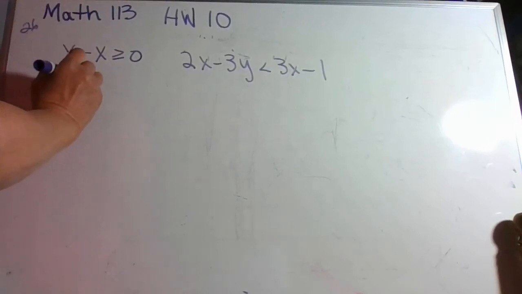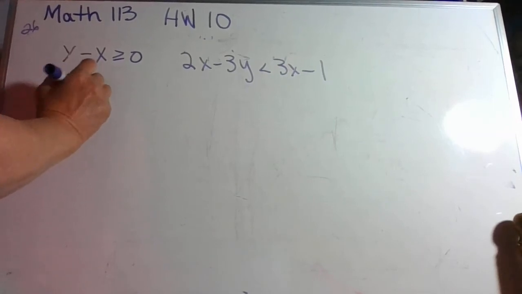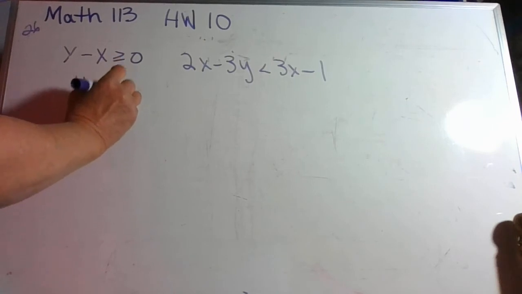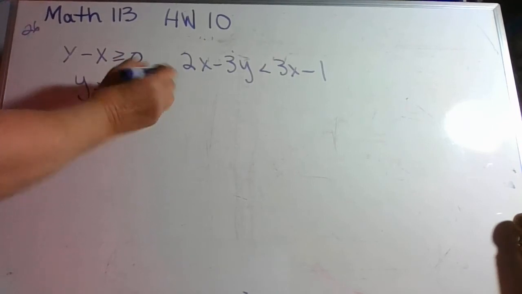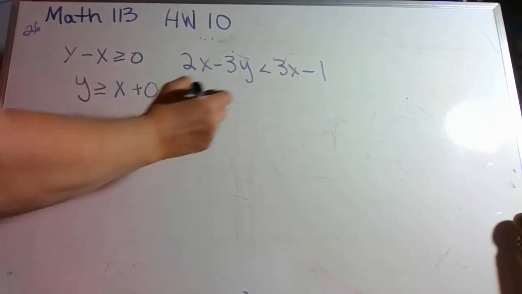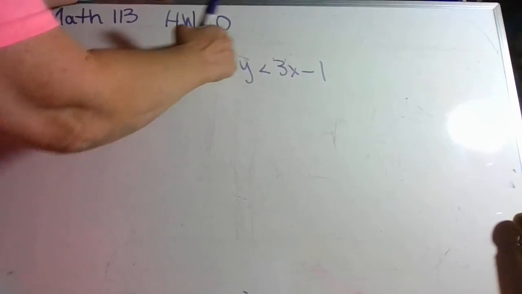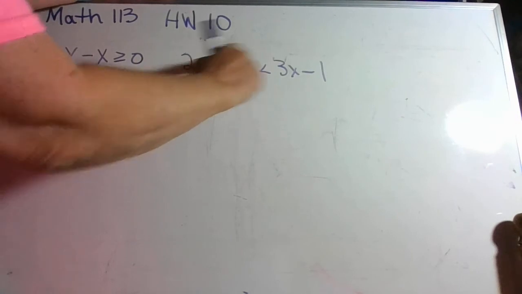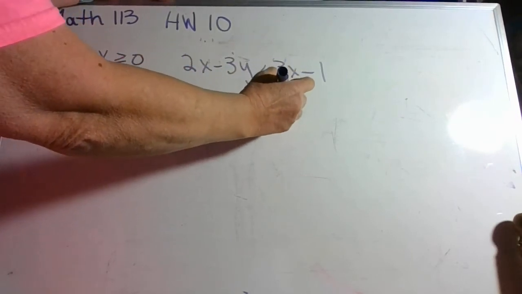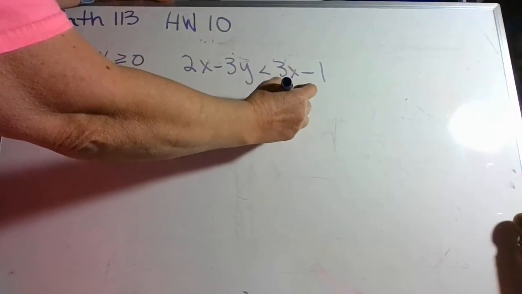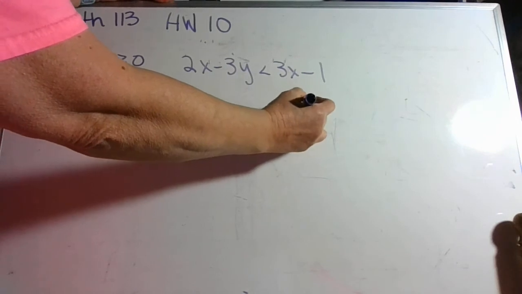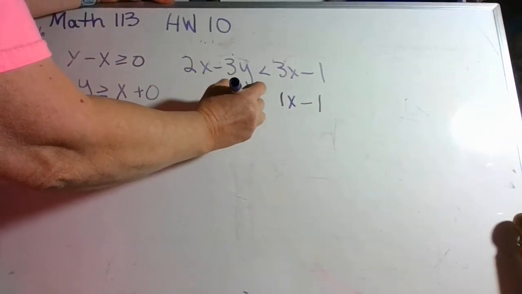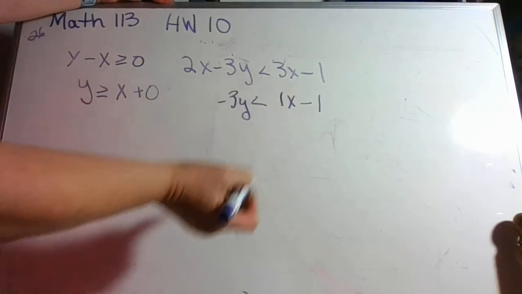Okay, so I have y is greater than or equal to x plus 0. Over here, I'm going to move my x to this side. So 3x minus 2x is just going to give 1x. So I'm going to have 1x minus 1. And I'm going to have a negative 3y left over here, less than that.